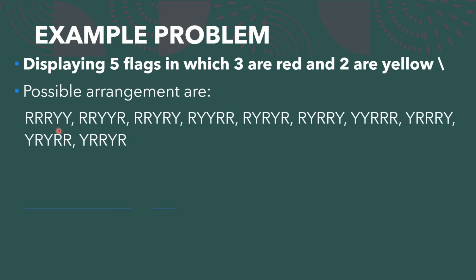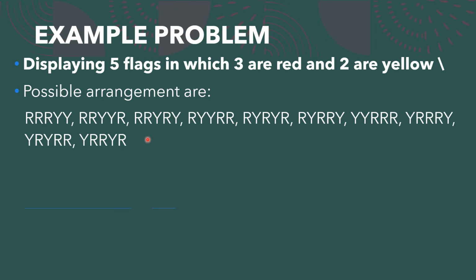Ito yung mga possible arrangements na pwede nating ilagay. As you can see, lahat ng red flags represented as capital letter R, tapos yung yellow flags represented as capital letter Y. So, yan yung mga possible arrangements. We have 1, 2, 3, 4, 5, 6, 7, 8, 9, 10 possible arrangements.